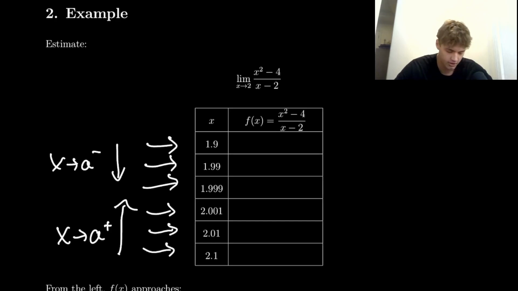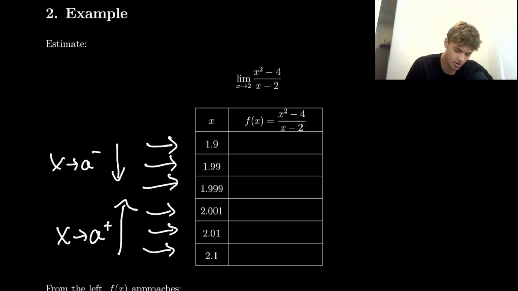So now we plug x values into the function to see if it starts to tell us where the function is going. Because remember, that's all we're trying to solve with limits: where is the function going as we get close to some number? So let's plug some stuff in. You can use a calculator to verify this.